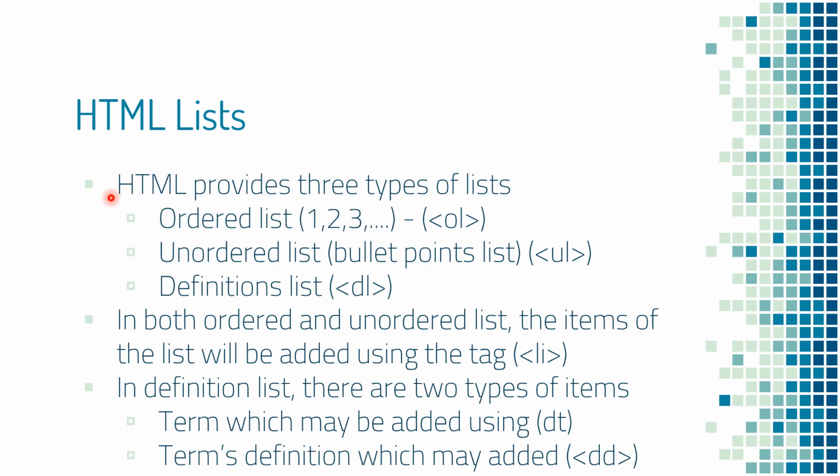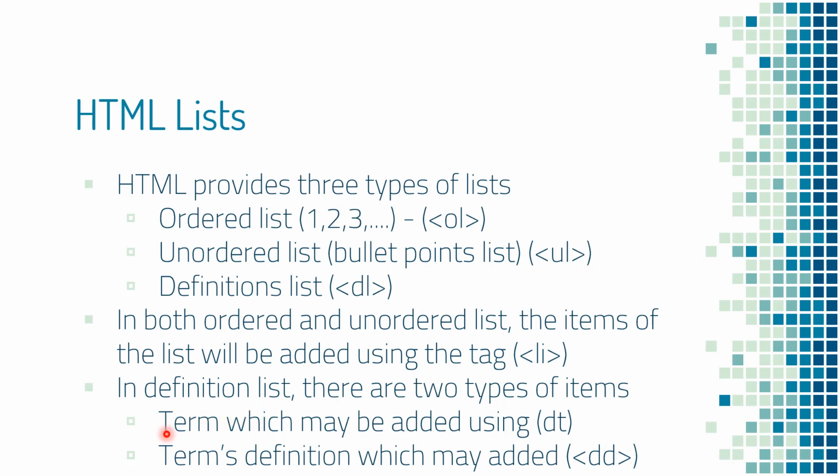To include items in either the ordered list or the unordered list, we would use the LI tag, as we will see in a bit. For each item you want to include in either of these two, you would use li. But when it comes to the definition list, it has two main parts.